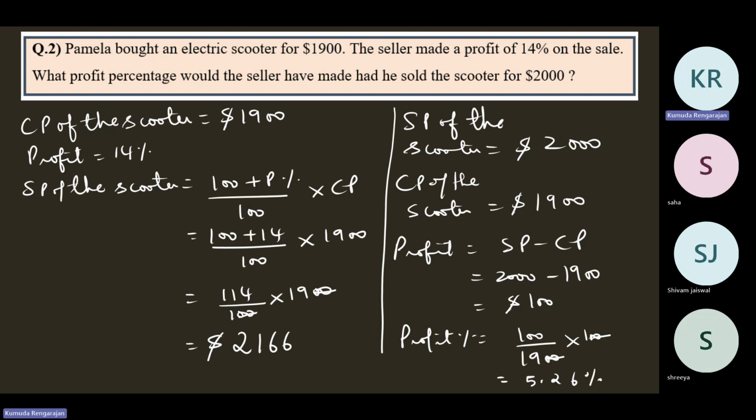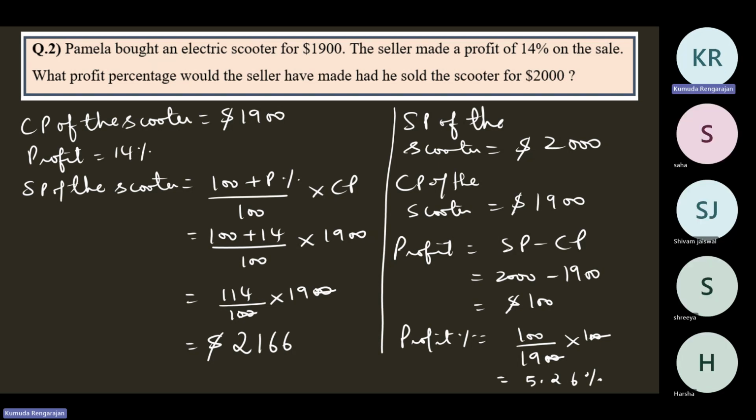Okay, let me read the question for you. Pamela bought an electric scooter for $1,900. The seller made a profit of 14% on the sale.